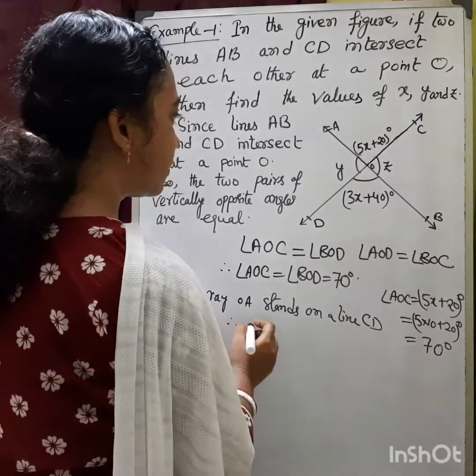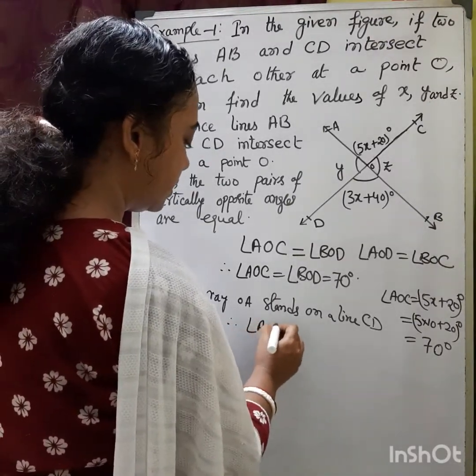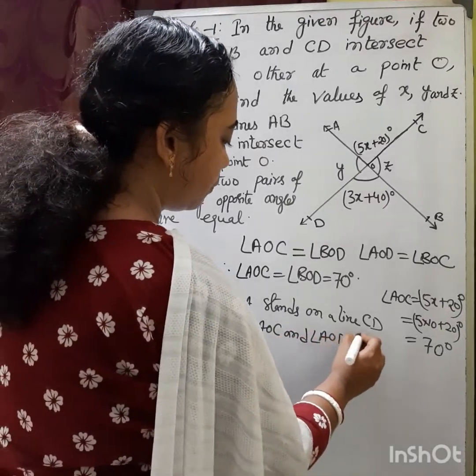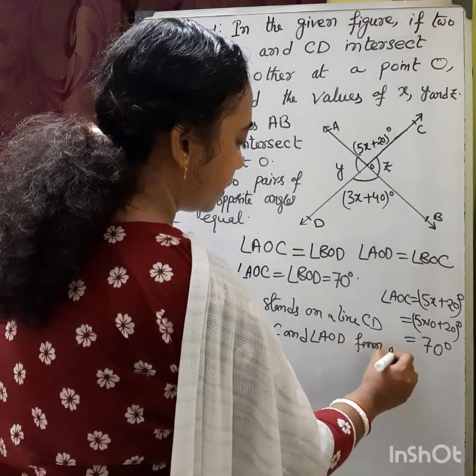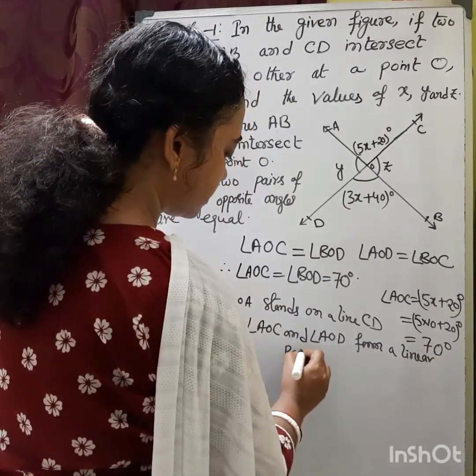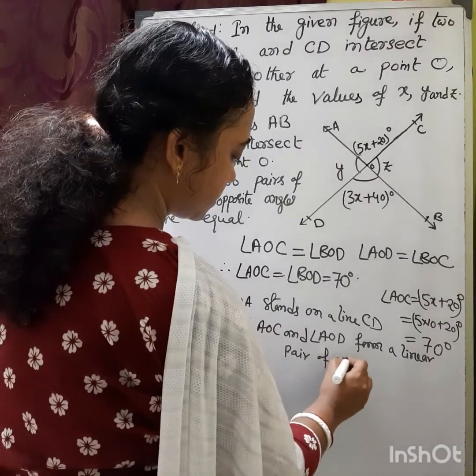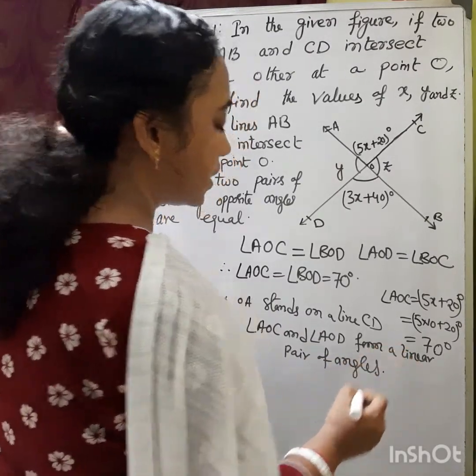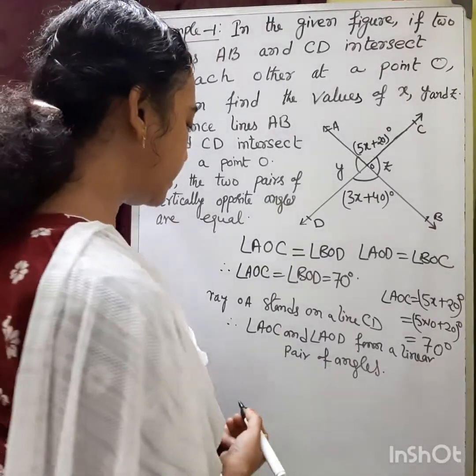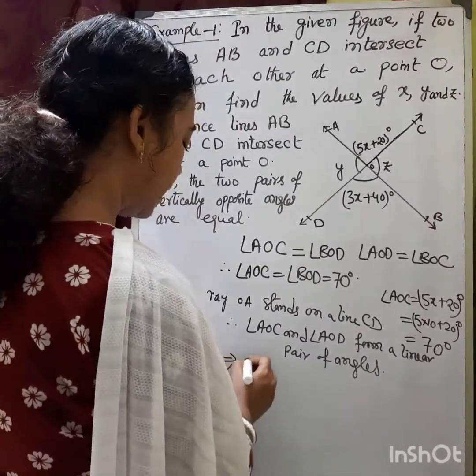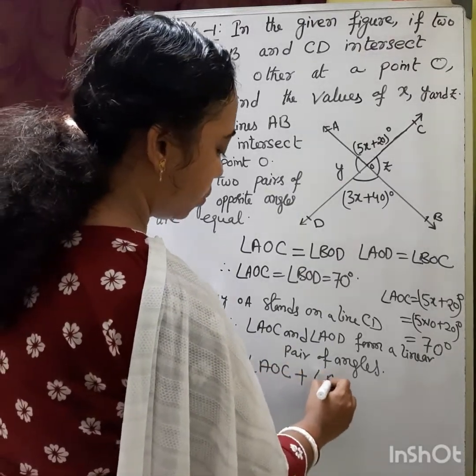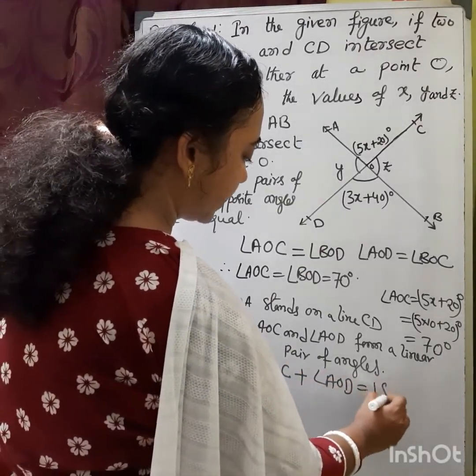Therefore we can write angle AOC and angle AOD form a linear pair of angles. The sum of the linear pair of angles is 180 degree. So this implies angle AOC plus angle AOD is equal to 180 degree.